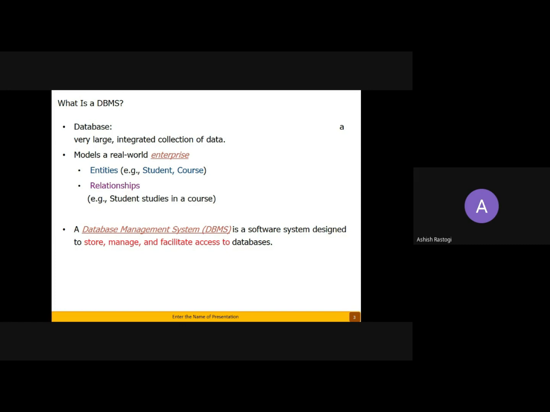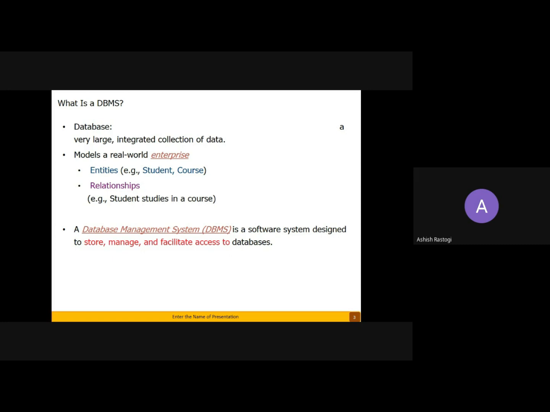Now the next part is the DBMS. What is the DBMS? Database Management System. And database, we already learned, is a collection of data, interrelated data, an integrated collection of data, and very large also. What is the management system? System means, guys, a software that manages the database.